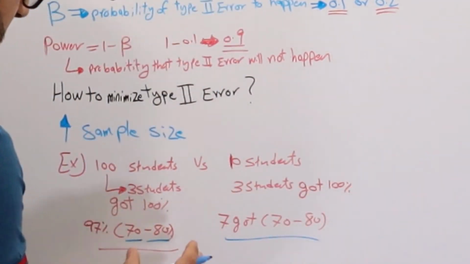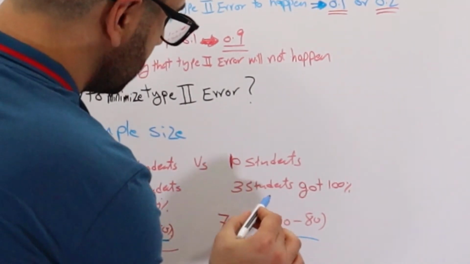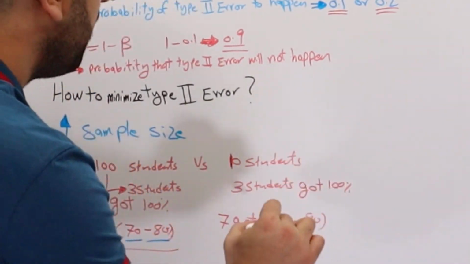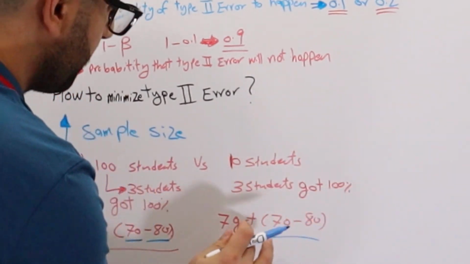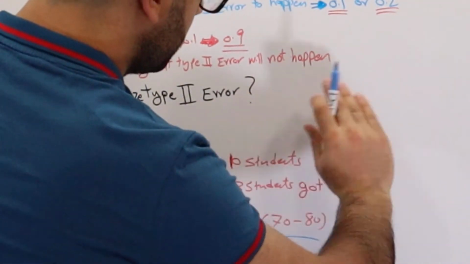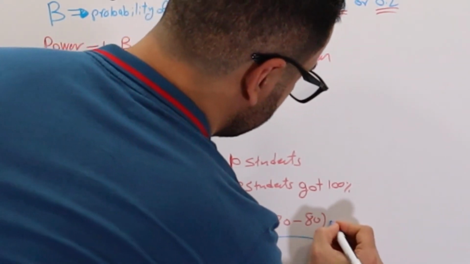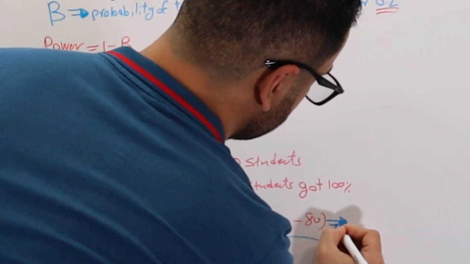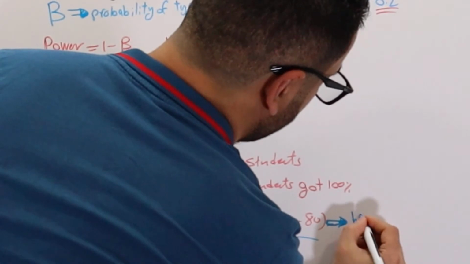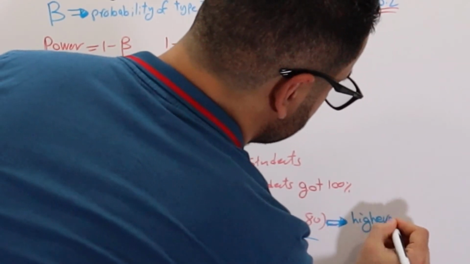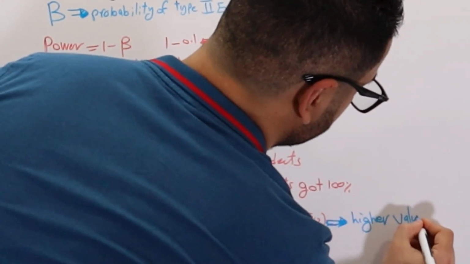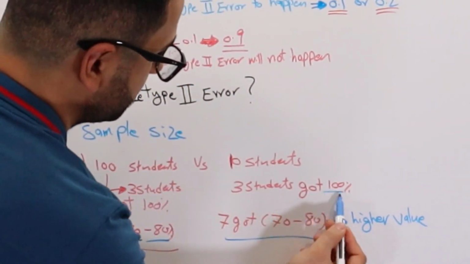The reason why, it's because we have 3 students over here who got 100, which is an outlier. So they're going to shift the mean all the way to that side. So they're going to shift it all the way to the higher value, which is closer to 100% because 3 students got 100%.